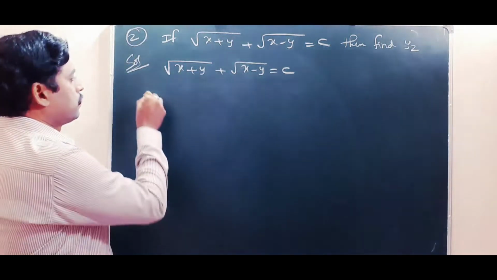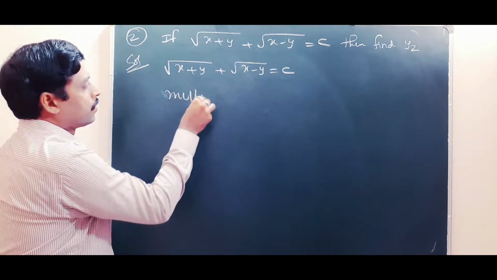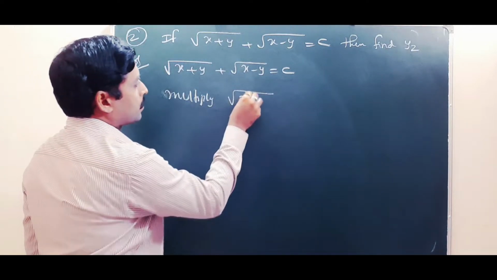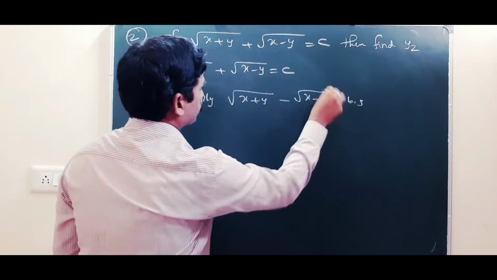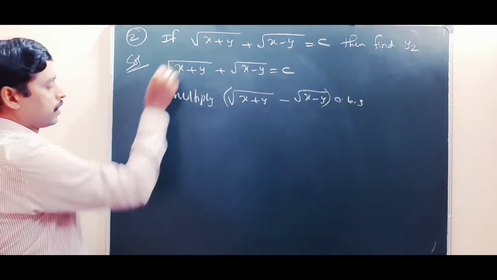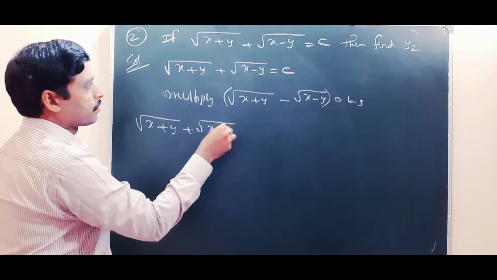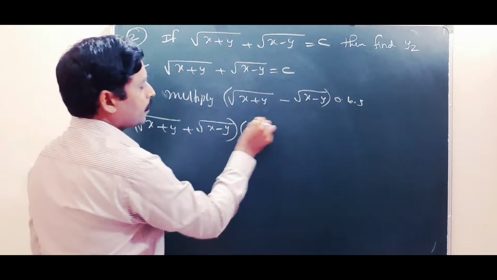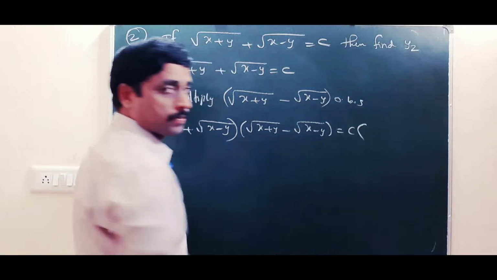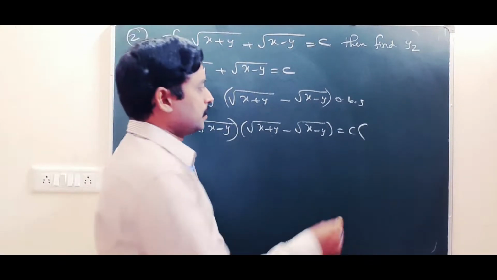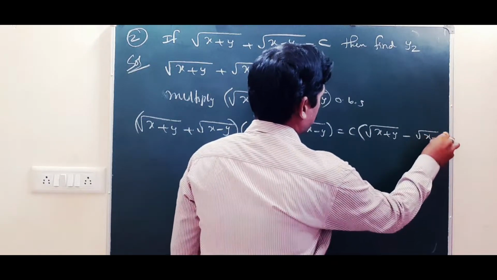Okay, so we should multiply root under x plus y minus root under x minus y on both sides. So root under x plus y plus root under x minus y, into root under x plus y minus root under x minus y, equal to c times root under x plus y minus root under x minus y.